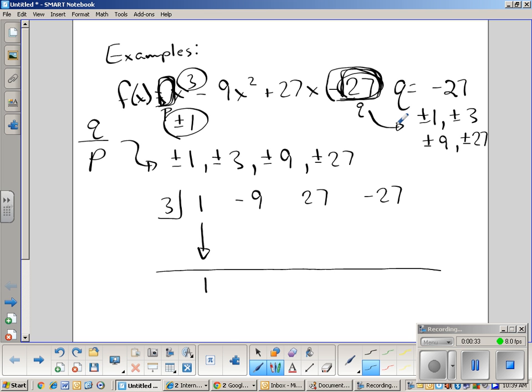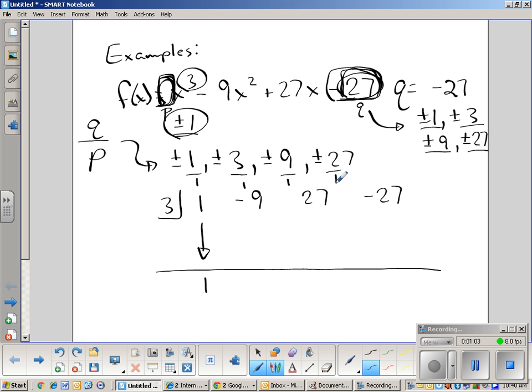Those are the Q's, and these are the P's, all the factors of that number there, which is a 1. The only factors of 1 are 1, so it's plus or minus 1. Now we write all of these factors over top of all of these factors. We didn't show them as a fraction, but we could have put all these over 1.